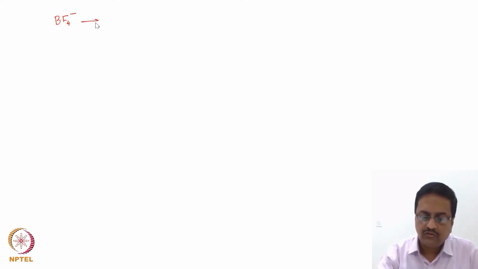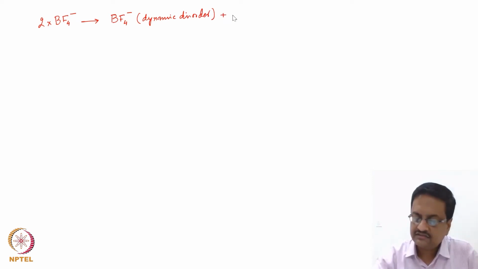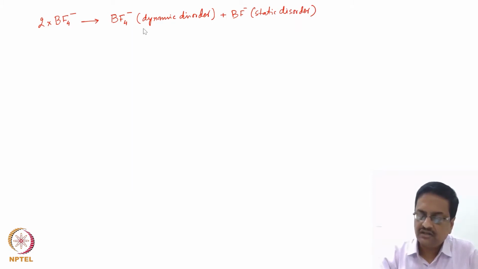So let us take the example of a BF4 minus ion, where you have two such BF4 ions. One BF4 minus ion has a dynamic disorder, and one has a static disorder. What does dynamic disorder mean?